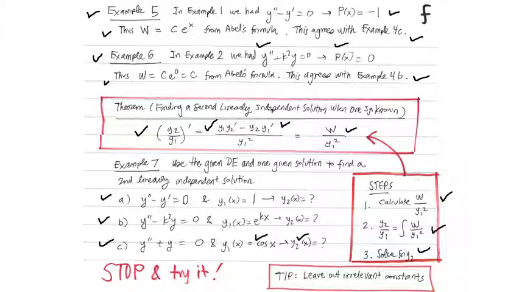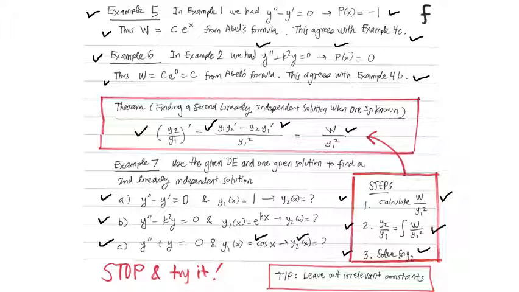So I'll ask the viewer to try and go through this three-step process. Again, use Abel's formula for the Wronskian for step 1, and then use that identity to find a second linearly independent solution if you have one solution.